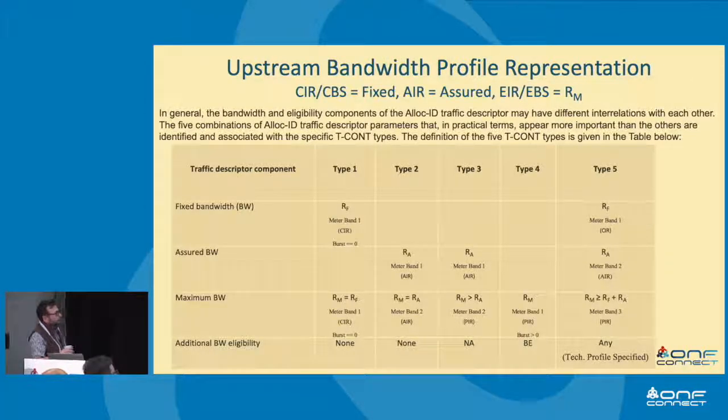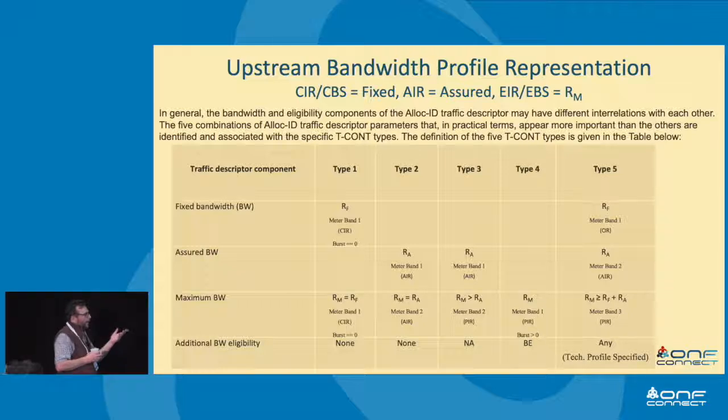In the ITU G.984.3, they have the concept of TCON types, and a TCON type is basically a combination of traffic parameters that represent a certain type of service, right? So TCON type 1 is all fixed bandwidth. It's all guaranteed bandwidth on the PON. It's always there.